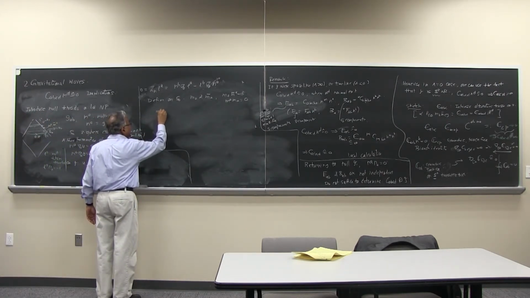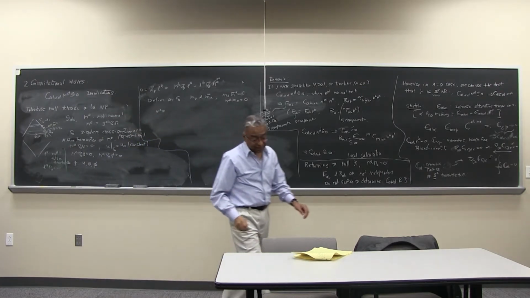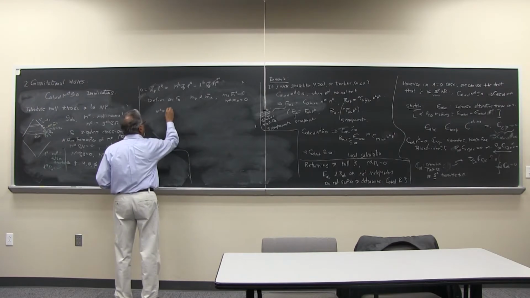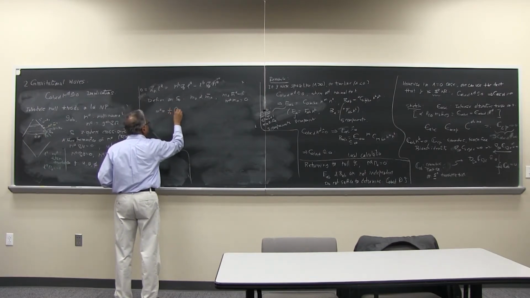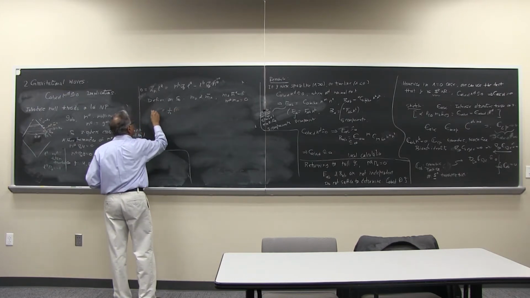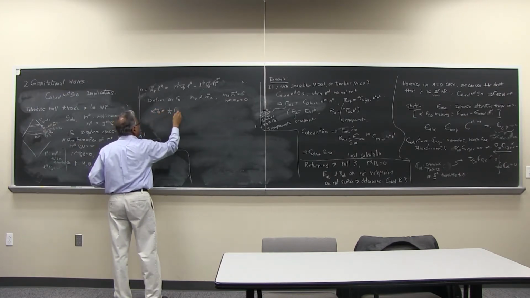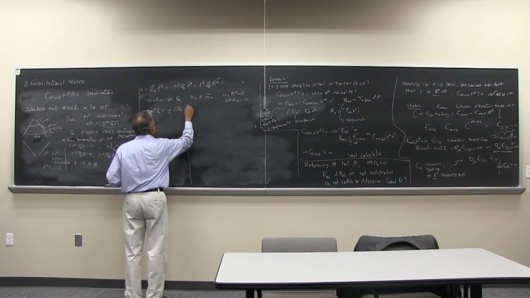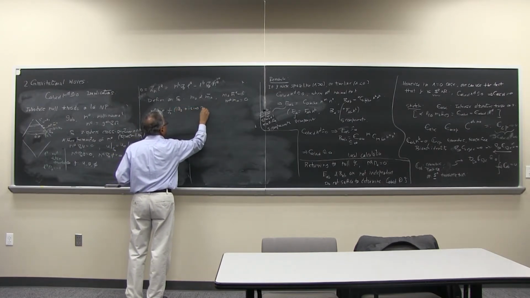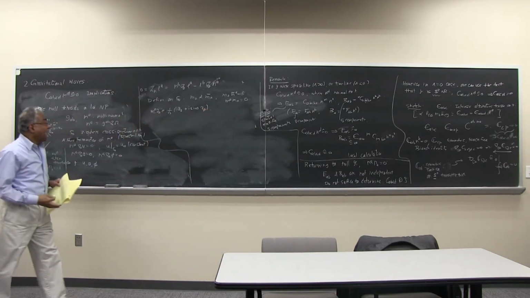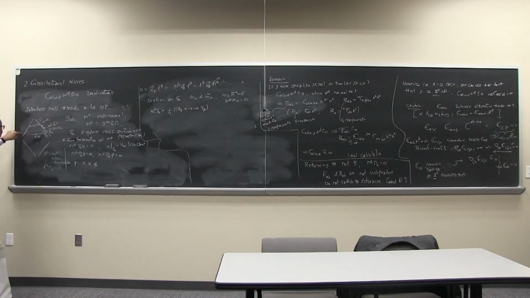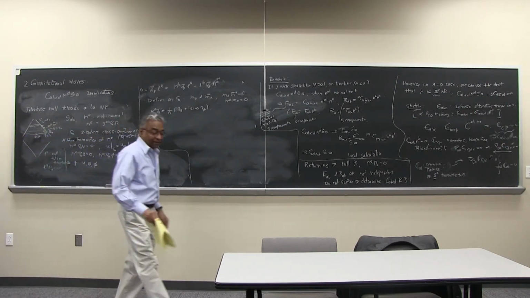And in fact, what I can just do is this, as in the case of Minkowski space, I can just define this to be equal to 1 upon square root of 2 times d by d theta plus i over sine theta d by d phi. Right. So I just define it like that.